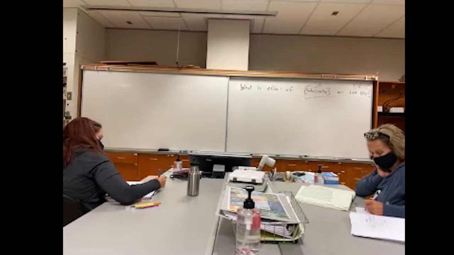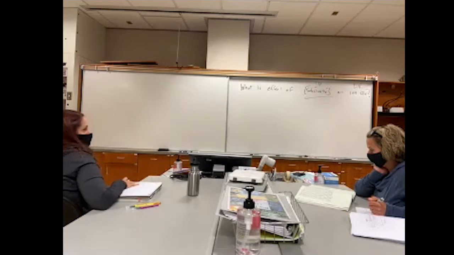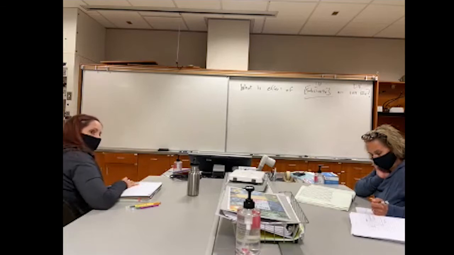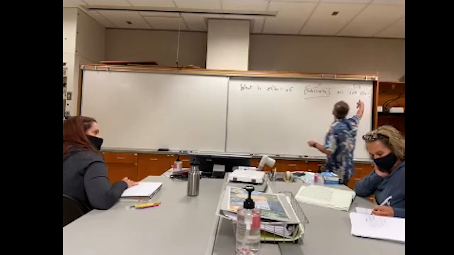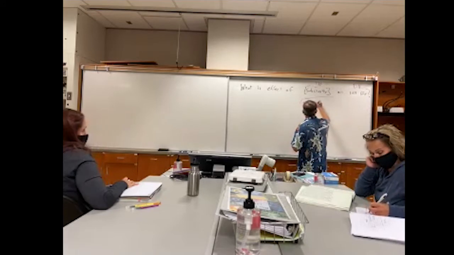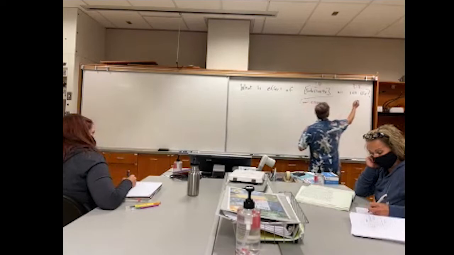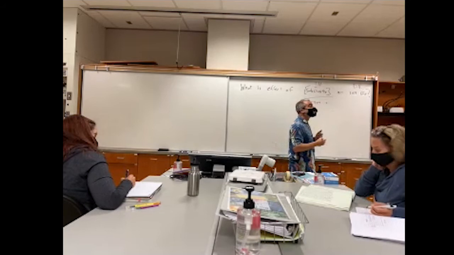So the objective should say what the substrate is and what. No, because we don't actually care. When we design the actual experiment, we like to come up with an actual reaction to study. But mainly we're looking at just any enzymatically catalyzed reaction. So we should say, what is the effect of substrate concentration on reaction rate? If we wanted to be a little more explicit, we could say, in an enzymatically catalyzed reaction, when the enzyme is held constant.